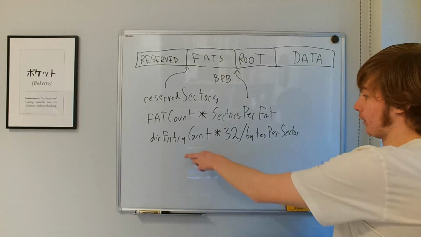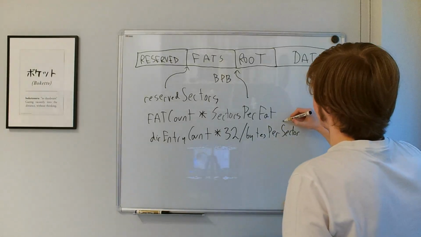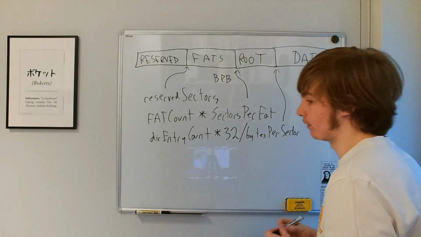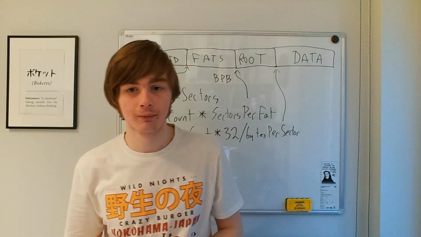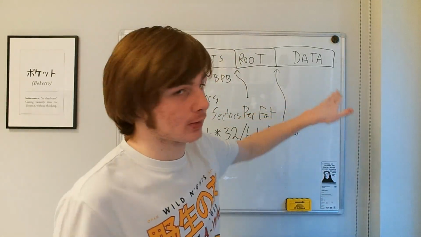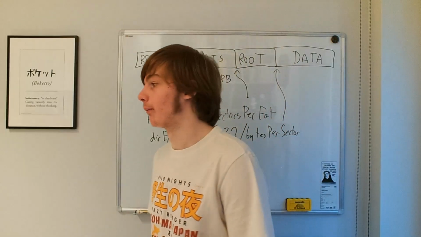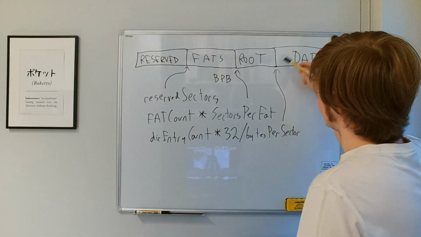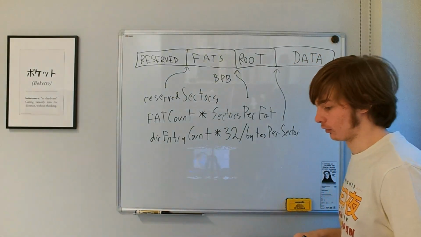And then if you add the root directory size, you would get the amount of sectors, in other words the LBA address of this data region. So if you add those, at how many sectors does your data region start?